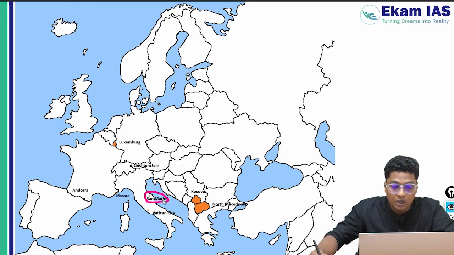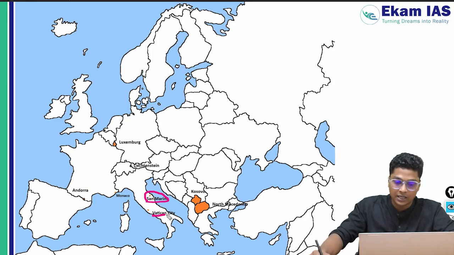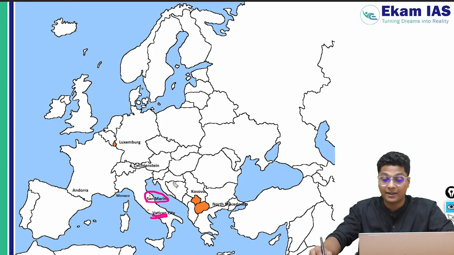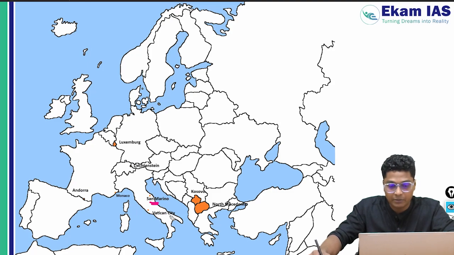It's not sharing a border with the Adriatic Sea, but remember it is in the northern part on the Adriatic Sea side. Then we have the smallest country in Europe, Vatican City, which is an enclave within Italy. So we have seen San Marino, Vatican City, Andorra, Luxembourg, Liechtenstein.